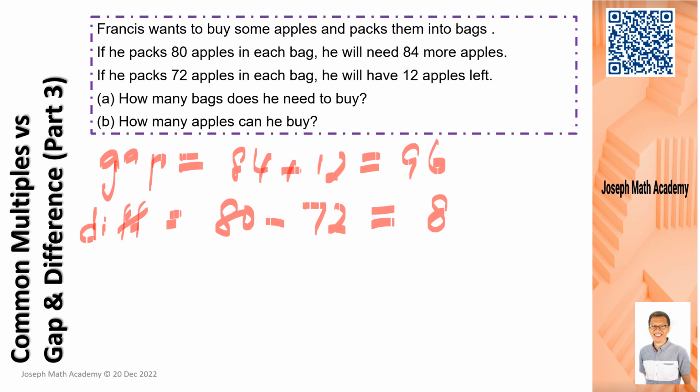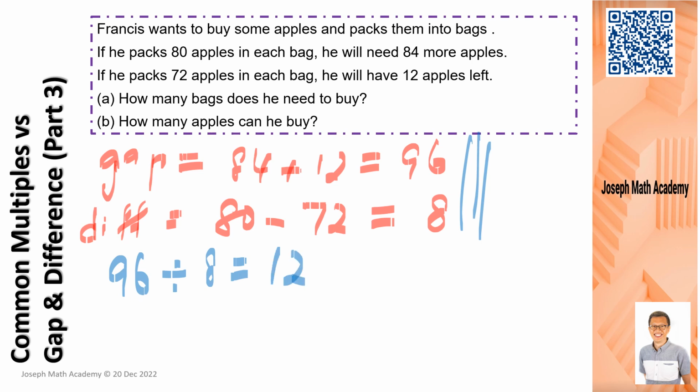If you can remember, the usual way is to take these two equations, divide each other. So 96 divided by 8, we get 12. And what is this 12 referring to? 12 is referring to the bags. So we have answered part A.